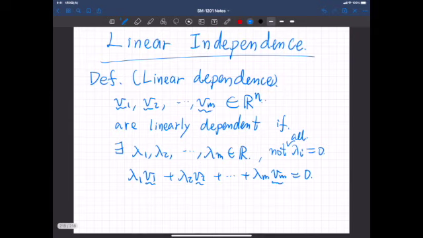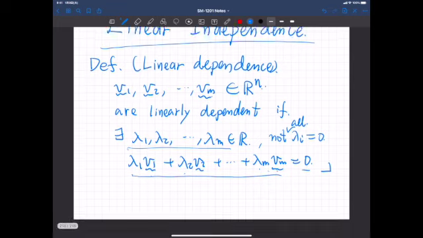Okay, so this means some of these lambdas may be 0, but not all of them. So some must be non-zero. Okay. So if this is the case, so if there are some lambdas that are not 0, but the linear combination of these vectors happens to be 0, then these vectors are said to be linearly dependent.